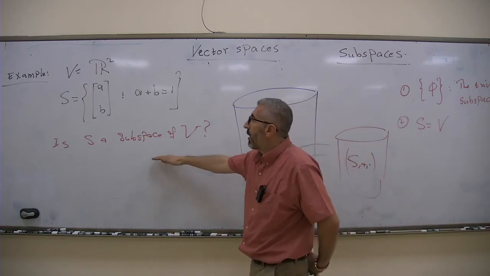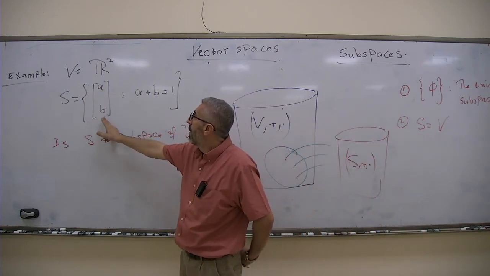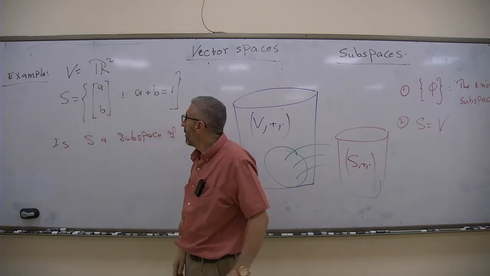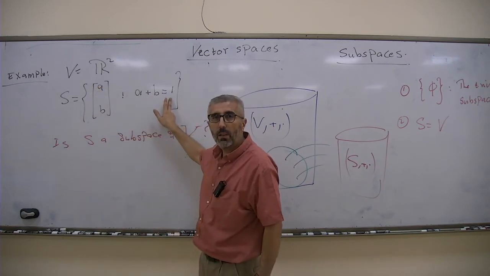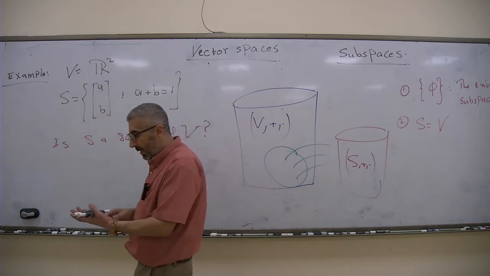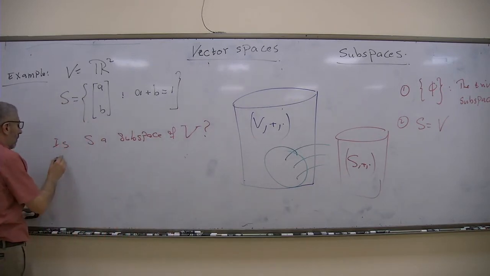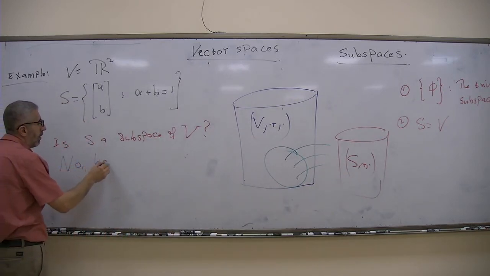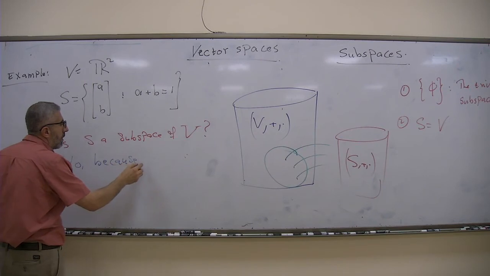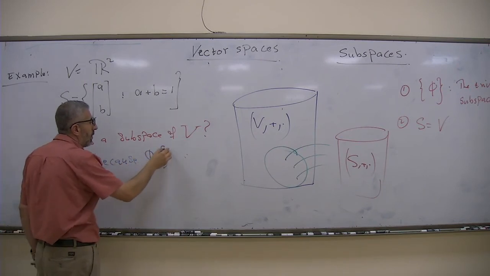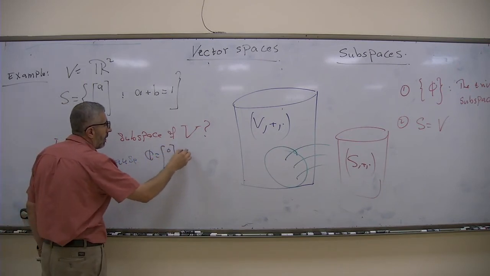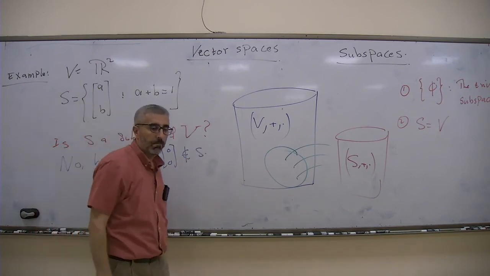Is the zero object there? The zero object here is (0, 0). Is it there? 0 plus 0 is not 1, correct? So that is no, because the zero object does not belong to S. That's it. Just one sentence.